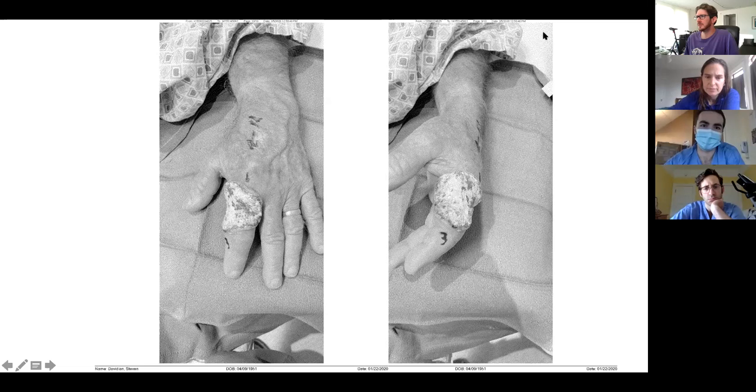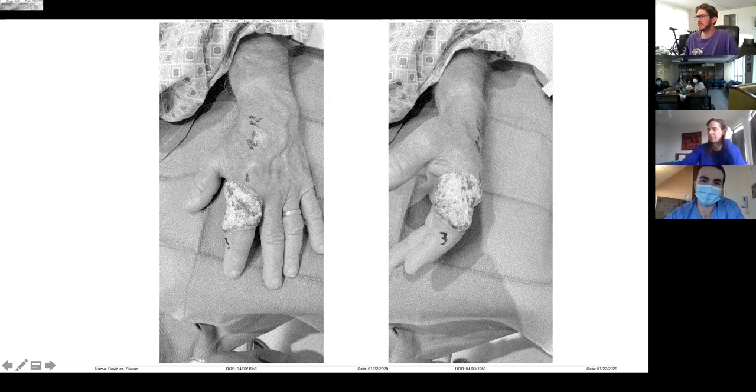Back to the history slide. History is an old man with a chronic wound. There you go. So I forgot the name of it, but I know that with chronic wounds, you can get an ulcerative cancer. It's something ulcer. I can't remember the eponym. Is it Marjolin's ulcer?